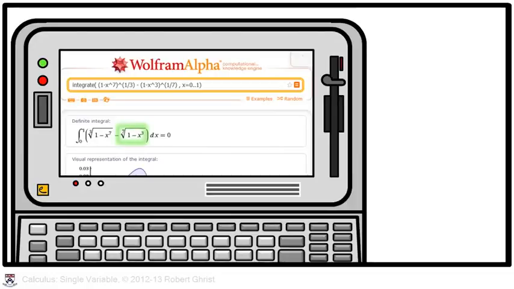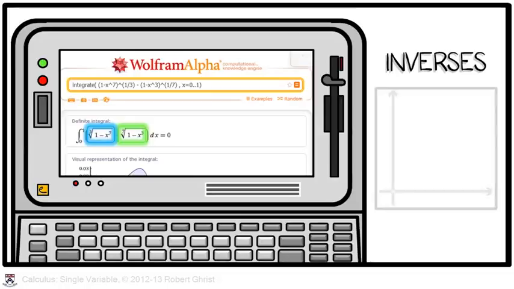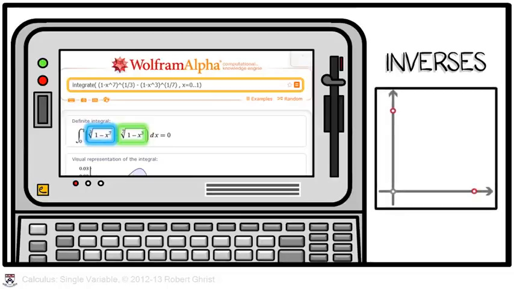But if you consider these two pieces, the 7th root of 1 minus x cubed and the cube root of 1 minus x to the 7th, with a little bit of thinking, you'll see that these two pieces are inverses of one another. If you compose one into the other, then you'll get the identity back. And that means that the graphs of these functions are symmetric about the line y equals x.